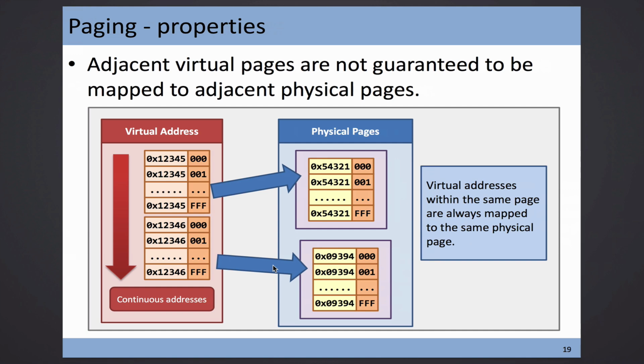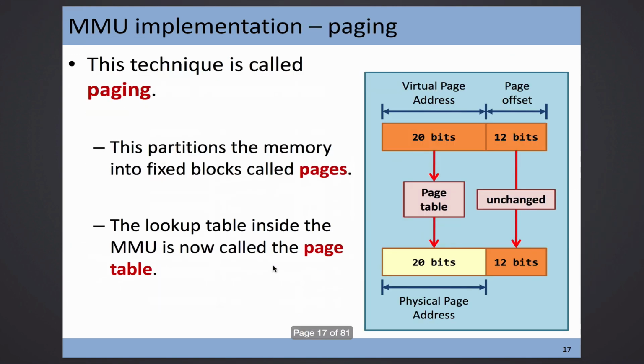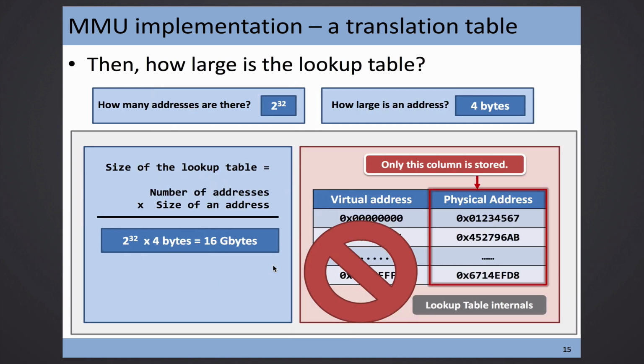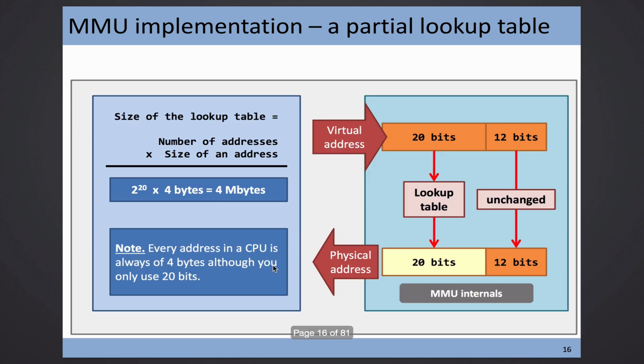Now, this is the basics of what paging is. And what is the motivation? Maybe you lost the motivation, right? The motivation is, I don't want to look things up in a huge lookup table, which is prohibitive in size, a 16G lookup table. No, I prefer something small which can fit in the CPU.